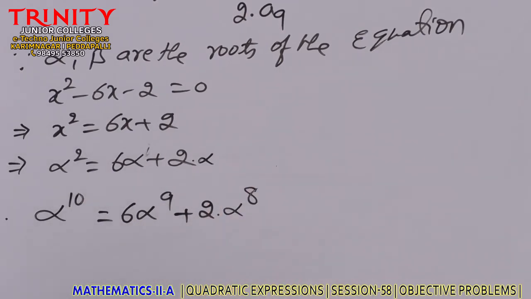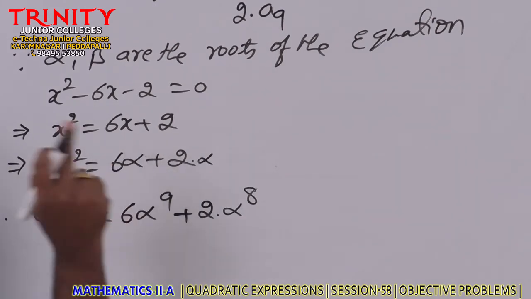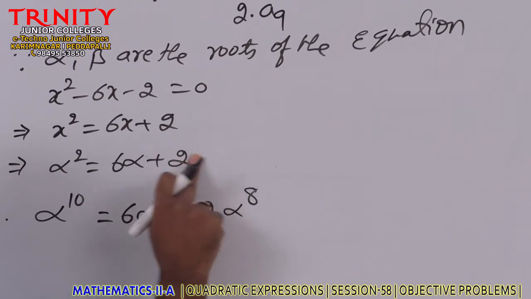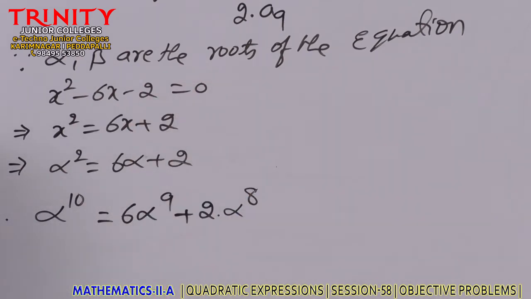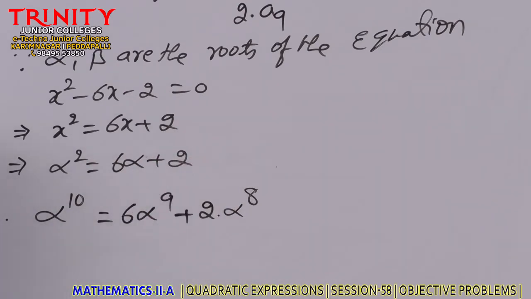We can write or not? Alpha square, we got it from the equation as 6 alpha power 1 plus 2 alpha power 0. Here 2 into 1 is nothing but alpha power 0.